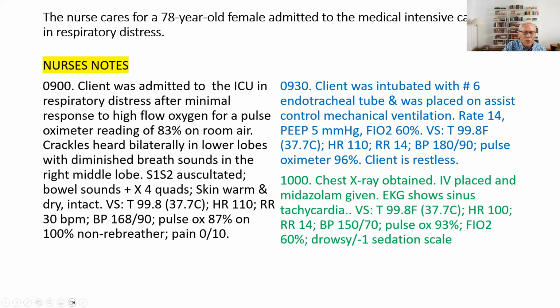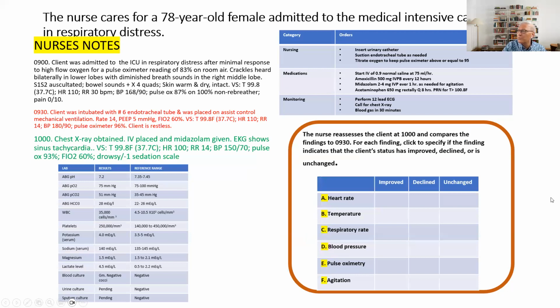So let's see where this is leading us to. Okay, so the nurse reassesses the client at 10 o'clock and compares the findings to 9:30. For each finding, we're going to click to specify if the finding indicates that the client's status is improved, declined, or is unchanged.